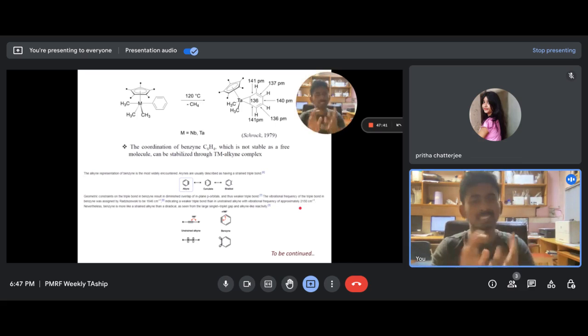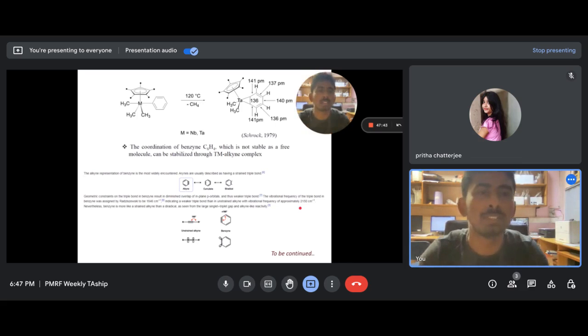So normal alkynes have a higher stretching frequency in the range 2150 or 2200, but in the case of benzyne, the stretching frequency is in the range 1850 centimeter inverse. So there is a 300 centimeter inverse decrement in the vibrational frequency.